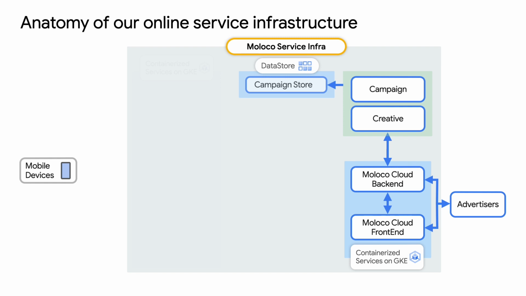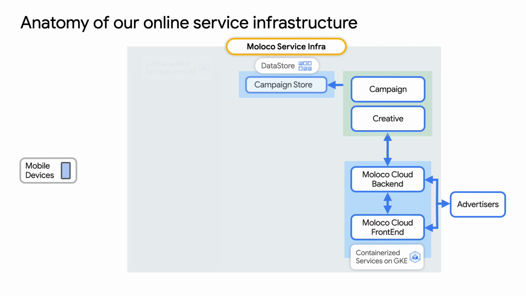Creatives are the image files or video files or the text that are shown as part of the advertisement, right? So this builds the core campaign structure. And then these are stored on Datastore, a Google managed data store system, because this requires SQL-like access as well.